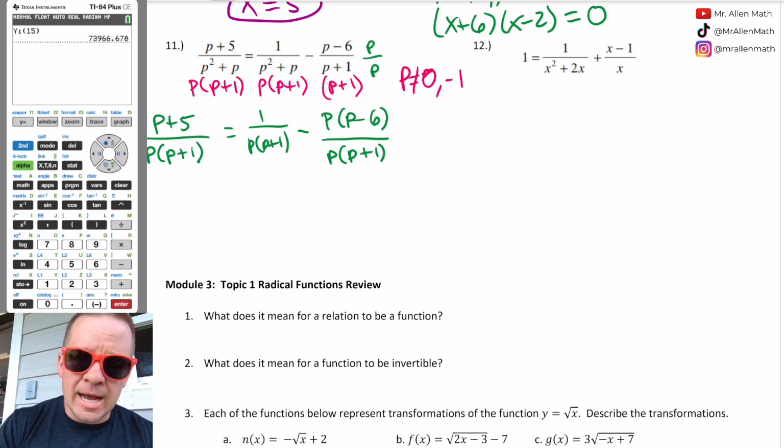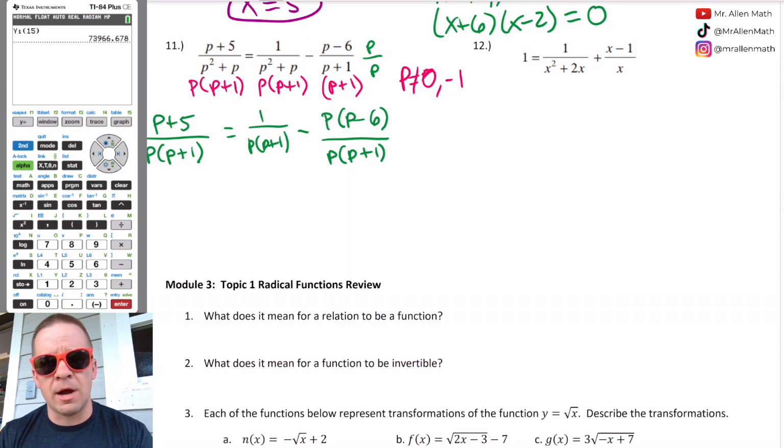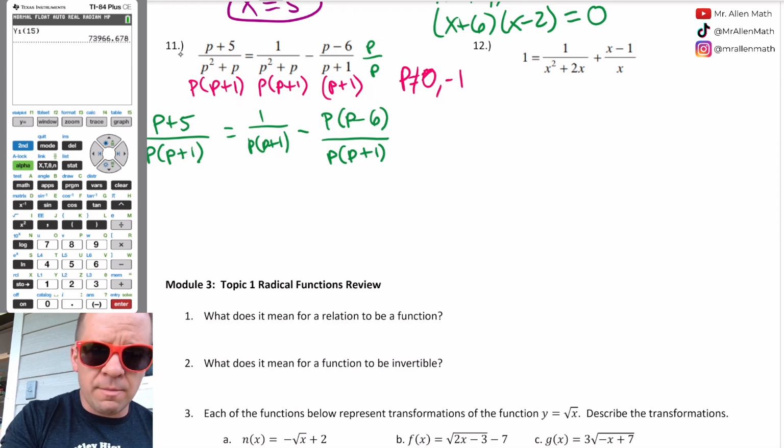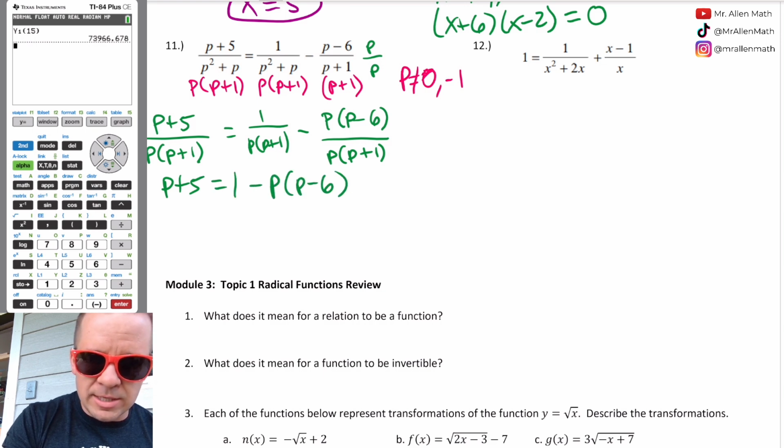So now, let's see here. Where was I? There we go. All right. So all my denominators are the same. Yes? Yes. So would it make sense that I can just work with my numerators, right, and get that all to be equal? Yes, it would. So I'm going to have P plus 5 equals 1 minus P times P minus 6. There we go.